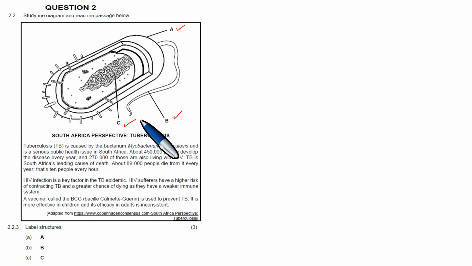If you look at 2.2.3a, A, B, C. What is A? What is B and what is C?